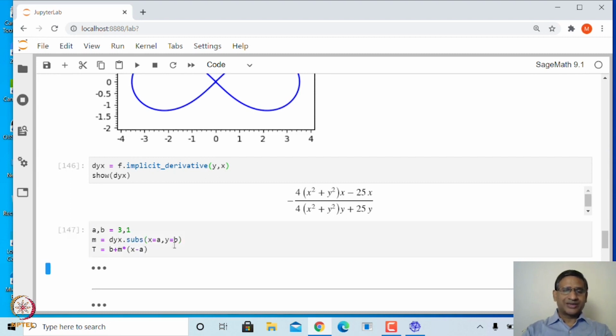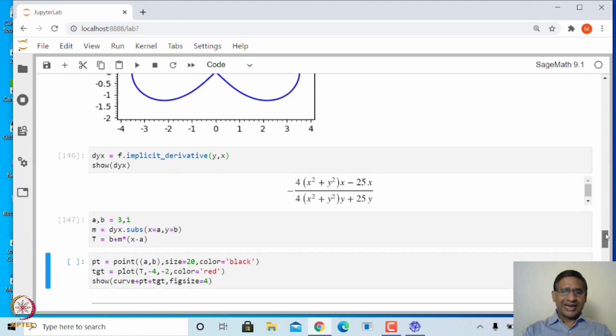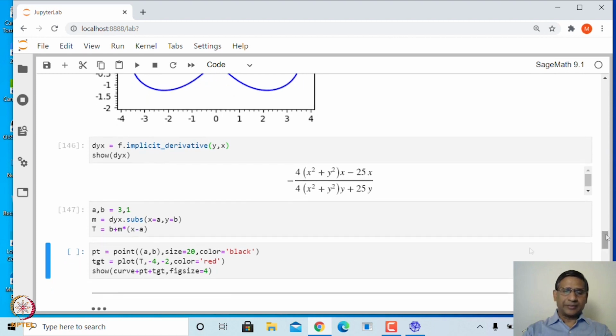That is the line passing through (a, b) with slope m that we are plotting. Now suppose we want to plot the curve along with this point and the line passing through (3, 1) with slope m, and then see what it means.